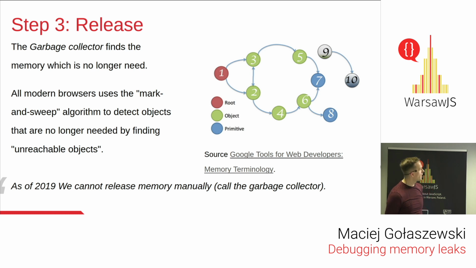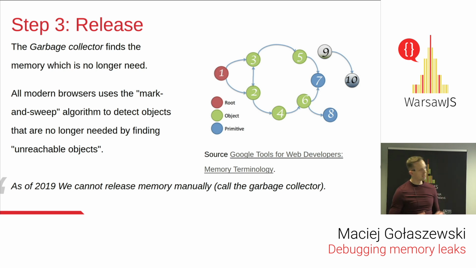The mark and sweep algorithm defines the known roots, so-called garbage collection roots. These are global objects like window or console, and going from the root it finds all the variables that are referenced from that global object.